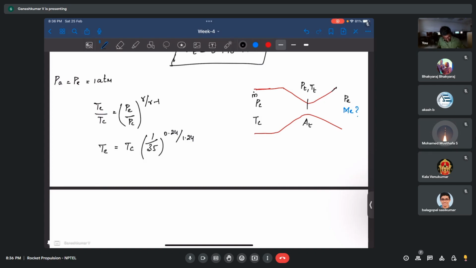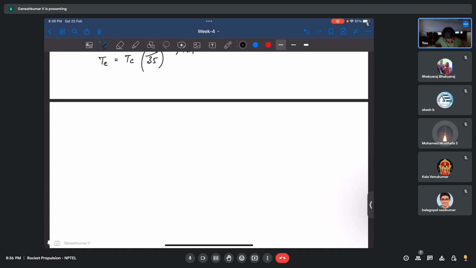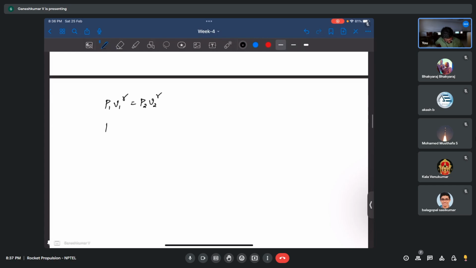Sir, we can derive this equation from P1 V1 gamma equal to P2 V2 gamma.